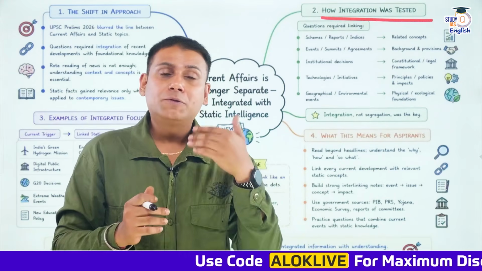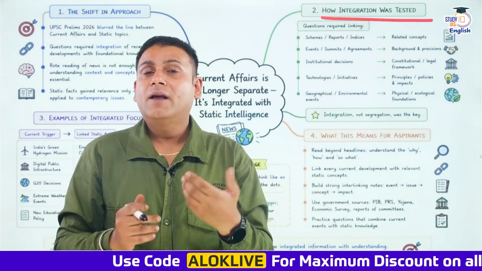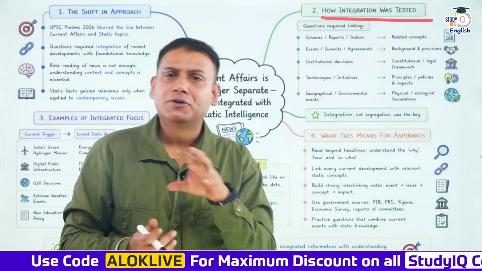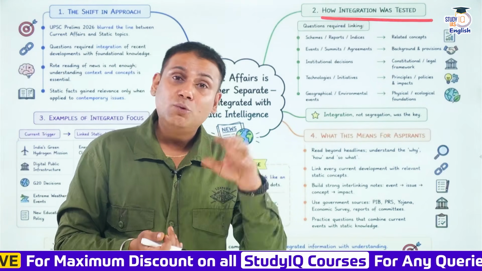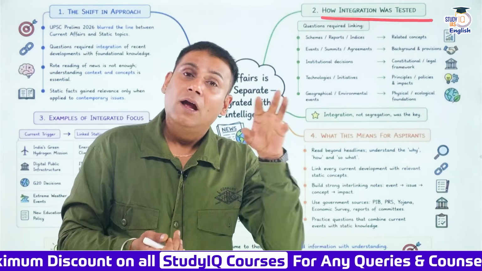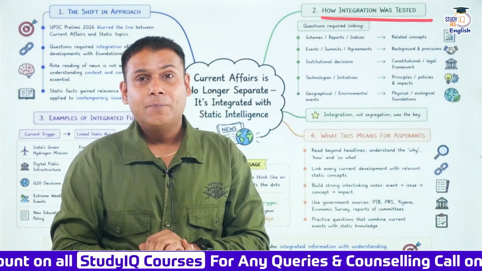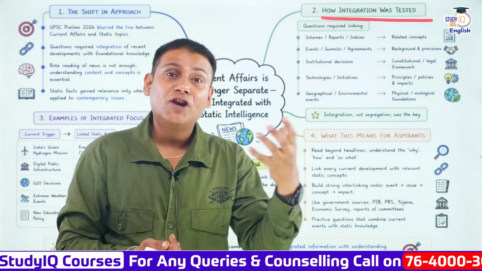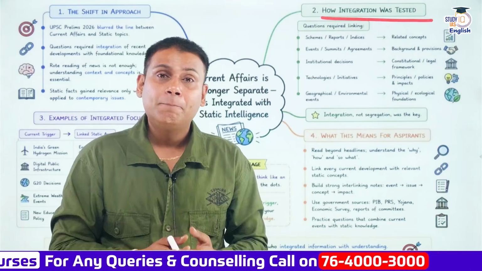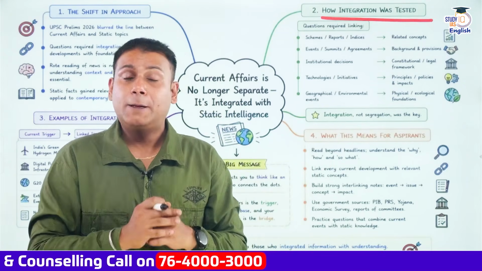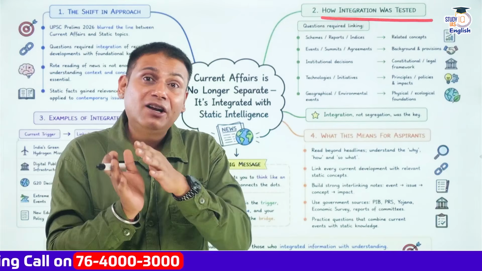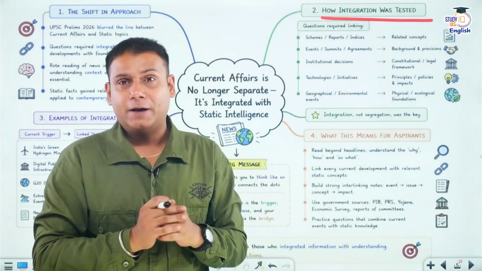Now, if you're reading a newspaper, and you read anything about the Mediterranean Sea, just go and observe which are the countries surrounding the Mediterranean Sea. Why was the South China Sea so important? What are the important resources in the South China Sea? Why is China claiming the control or command over the South China Sea? What are the important islands in the South China Sea, and the countries surrounding it? So whenever you are studying, try to correlate those aspects.